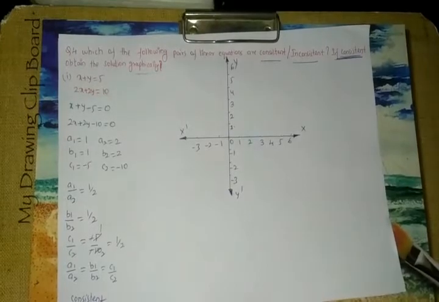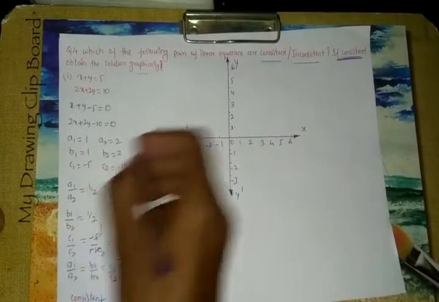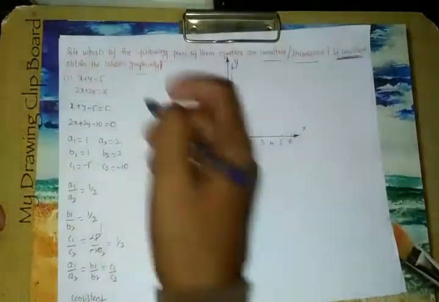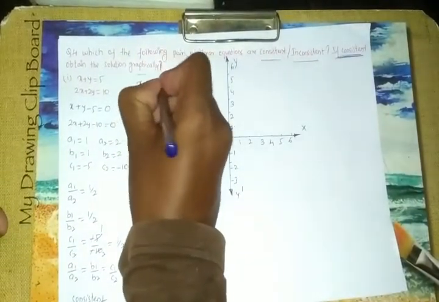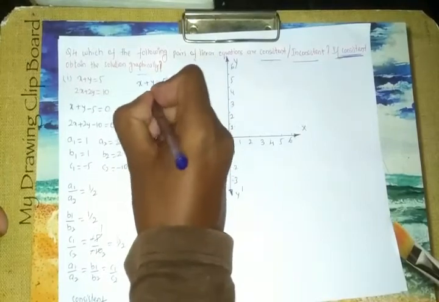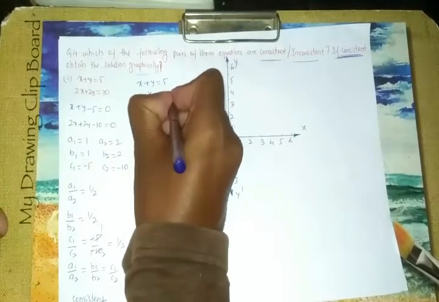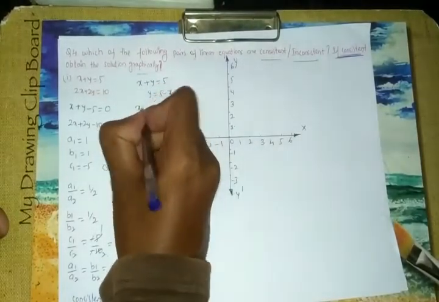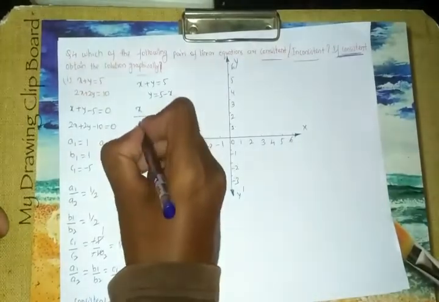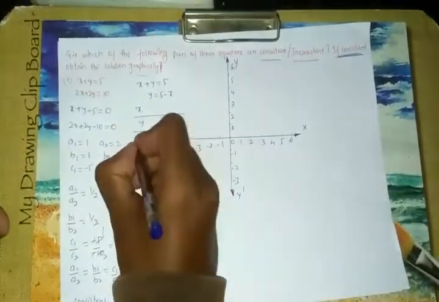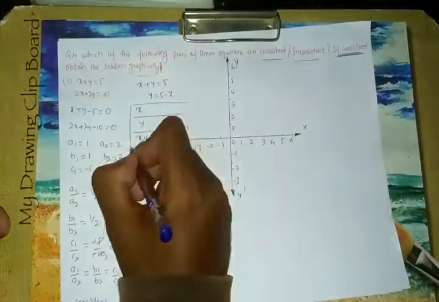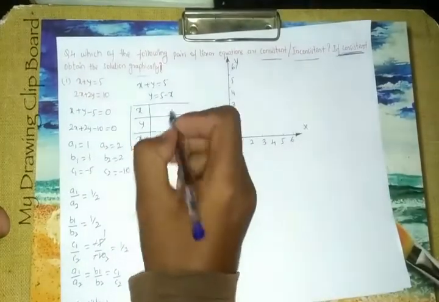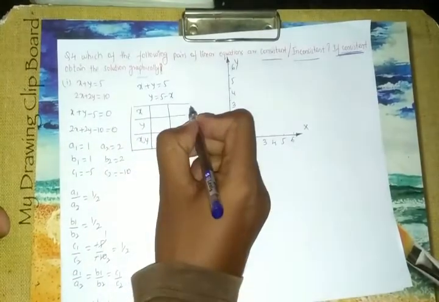Now to get the solution graphically, let me plot these two equations on the graph. So let me take equation 1, x plus y equals 5, or y equals 5 minus x. Let me draw a table which contains x, y and x comma y. I can put any value of x and try to get the corresponding value of y.